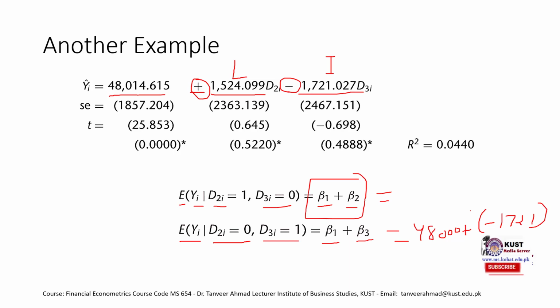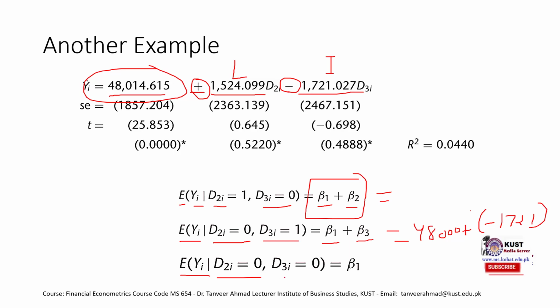So what about the school teacher working in Karachi? What is the expected salary of that category, a public school teacher who is working in Karachi? We have discussed in the previous example that if there is an omitted category, that omitted category effect would be in the constant term. So you have guessed it correctly: what is the expected salary of a person where D2 is 0 and D3 is 0?